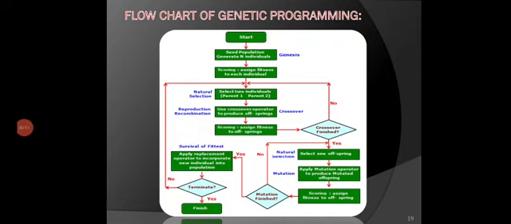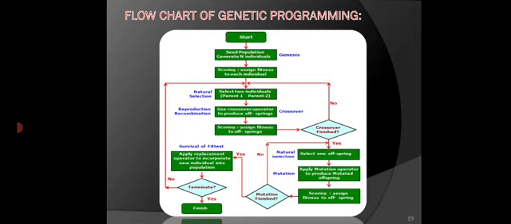This flowchart shows how genetic programming is done. So the first step is to set a population, assign a fitness, then select two parents, then the processes followed are crossover and mutation.